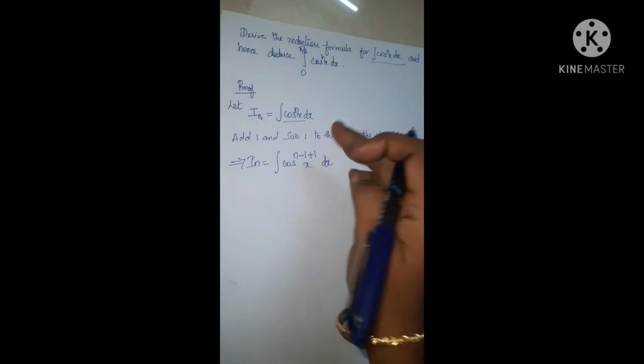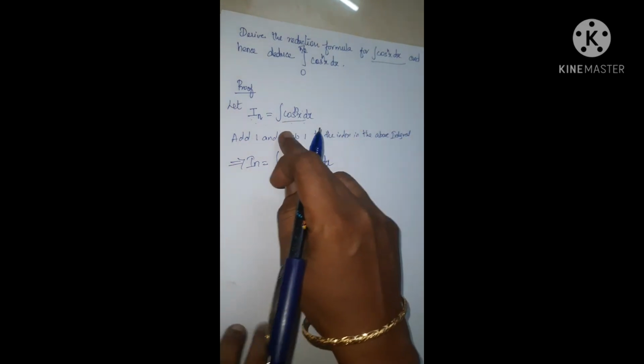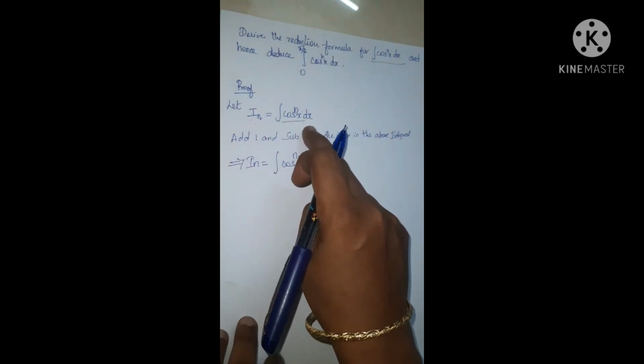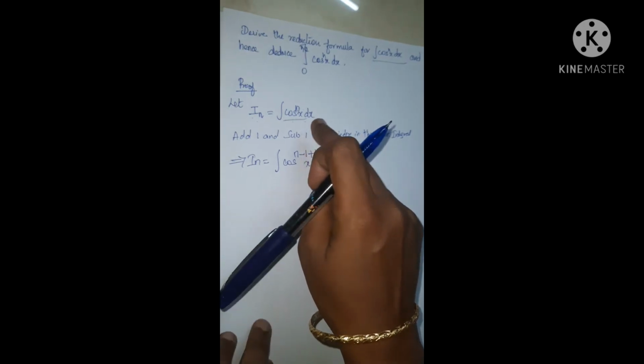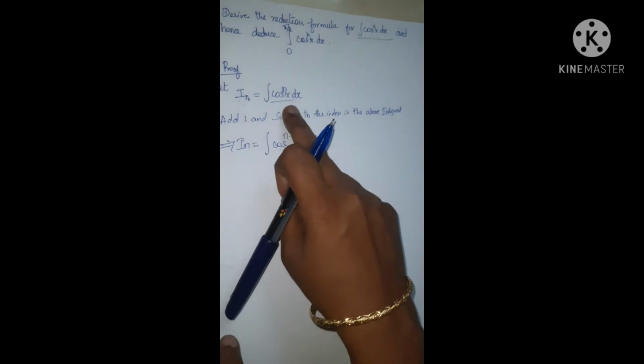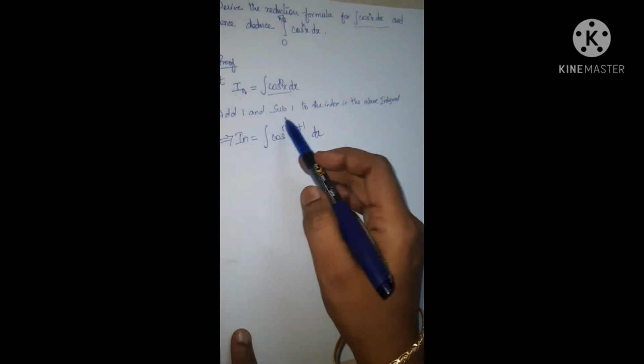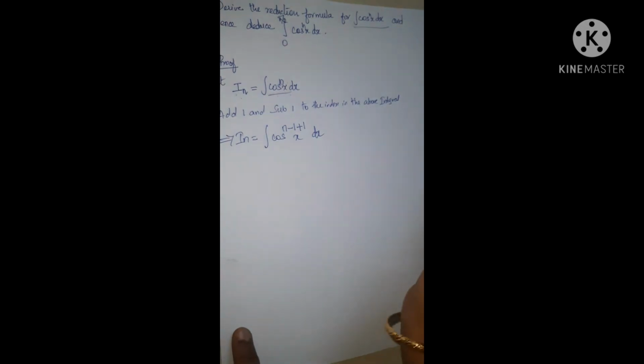So to bring it into the parts method, we are going to express this integral as a product of two functions. To do so, we add plus 1 minus 1 to the index in the above integral.